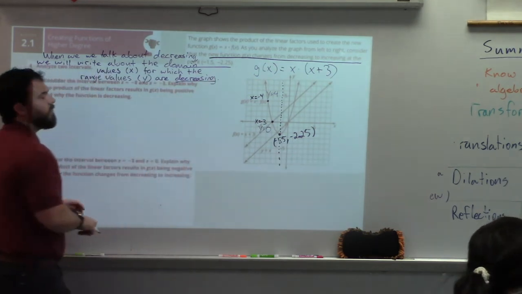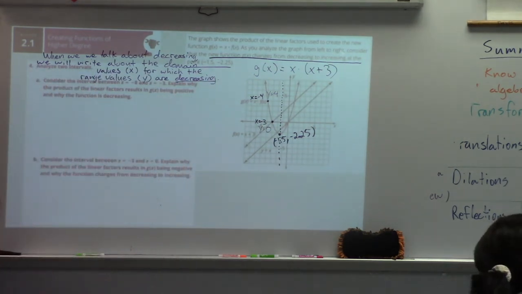I need you to be very clear about that. That is one of the most common mistakes that students make in Algebra 1, Algebra 2, and Pre-Cal: they do not realize that we're going to talk about the x values for which the y values are decreasing. When we talk about decreasing, we will write about the domain values for which the range values are decreasing.